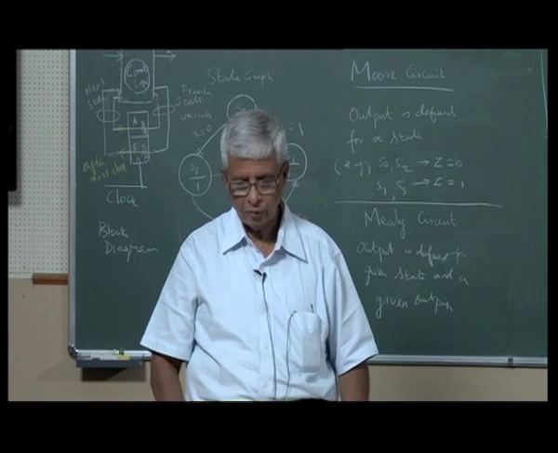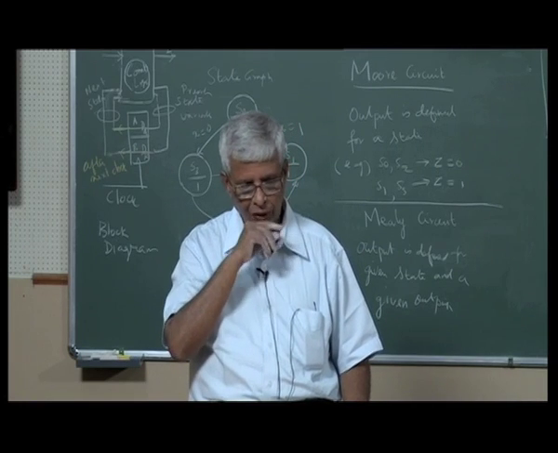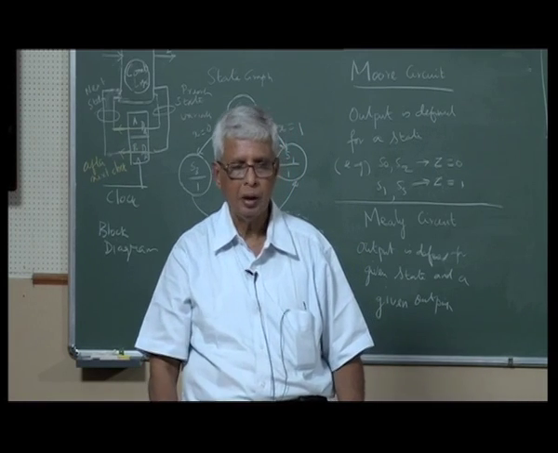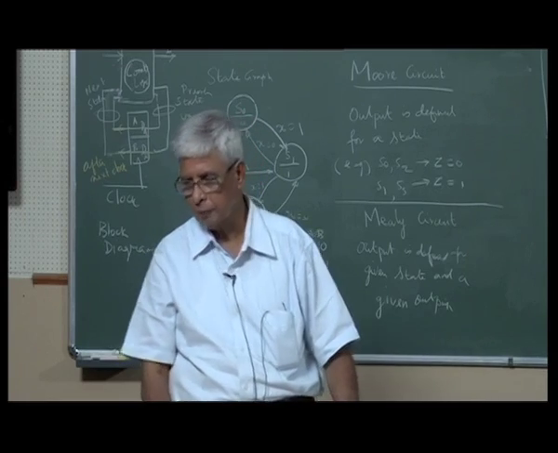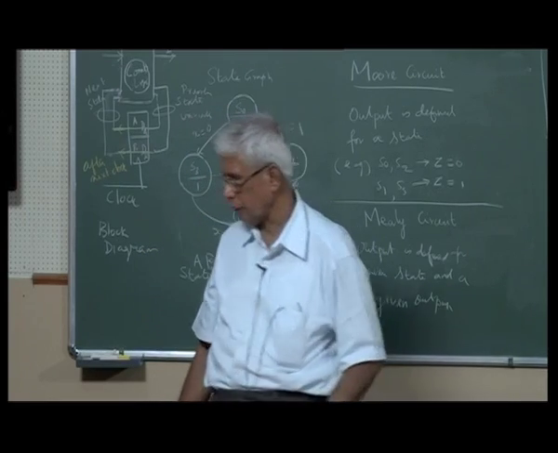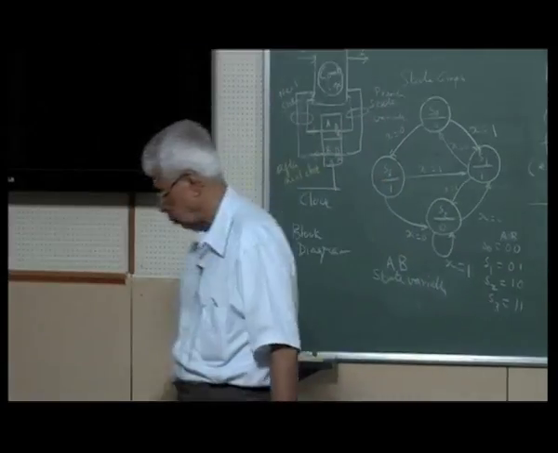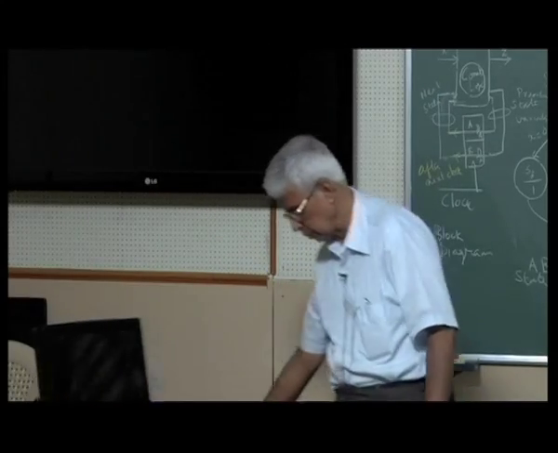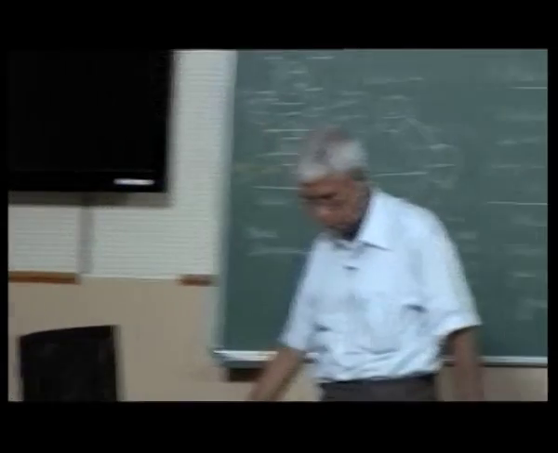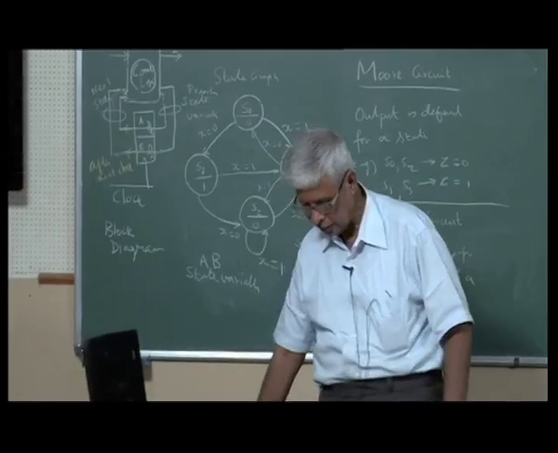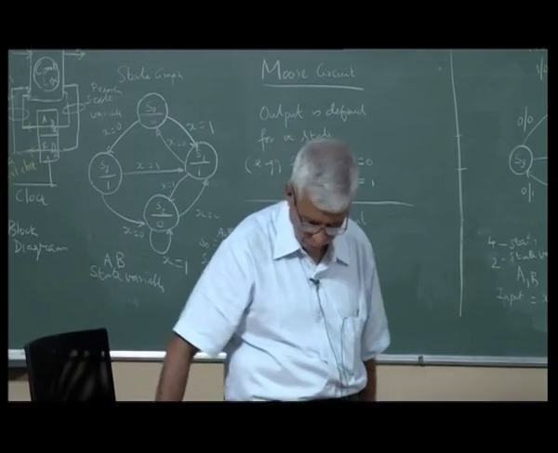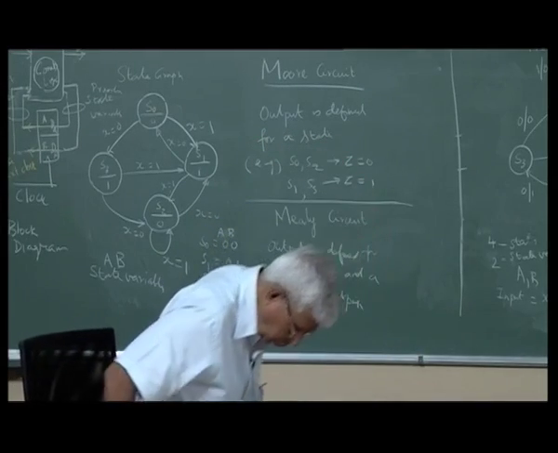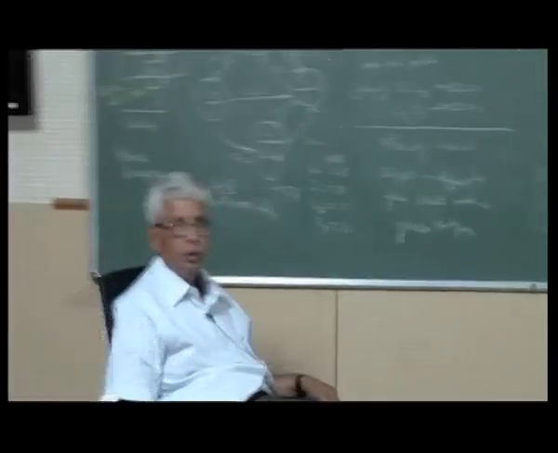After that we wrote the excitation table. First of all, we wrote the function tables, how the flip-flops work. Then we did the excitation tables. The excitation table tells you what input needs to be given for a flip-flop to go from 0 to 0, 0 to 1, 1 to 0, 1 to 1.